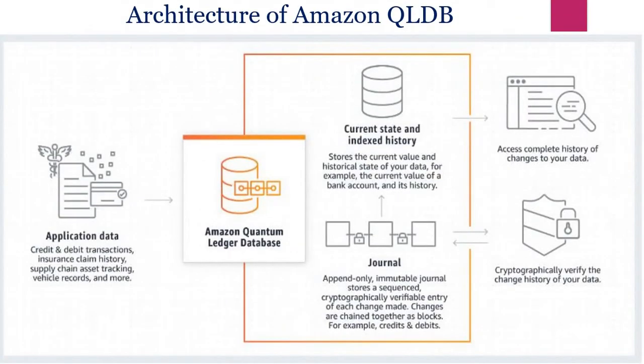Next we have the Amazon QLDB architecture. Here we have application data coming from a particular application into the quantum ledger database. This database has two components: one is the journal and the other is the current and history index.